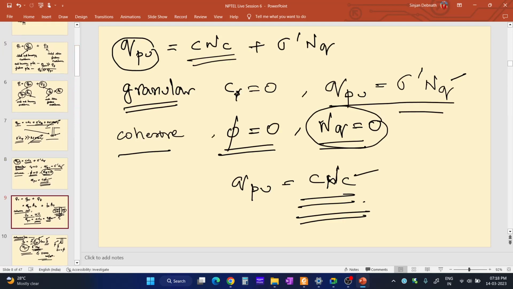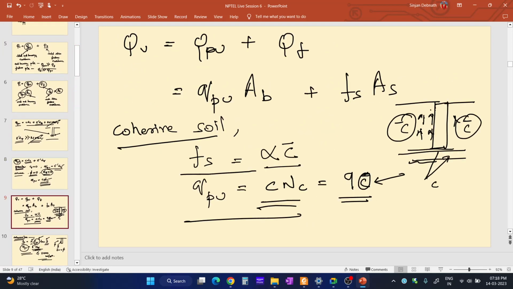For cohesive soil, QB is equal to small QPU into area of the base of the pile. QPU is equal to C NC, which is 9C.